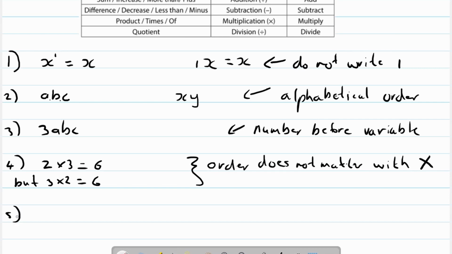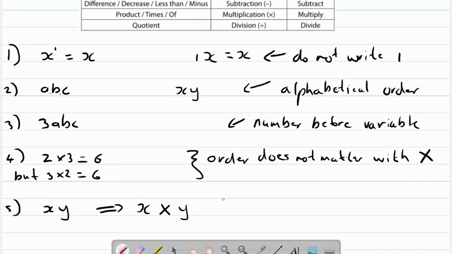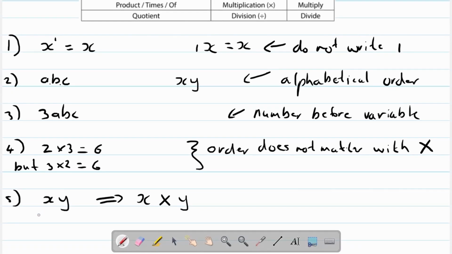And then fifthly, multiplication. Again, we do not show the multiplication sign. For instance, if I said xy, what it actually means is x times y. The same with something like ABC, as you've seen there, already written at number 2.